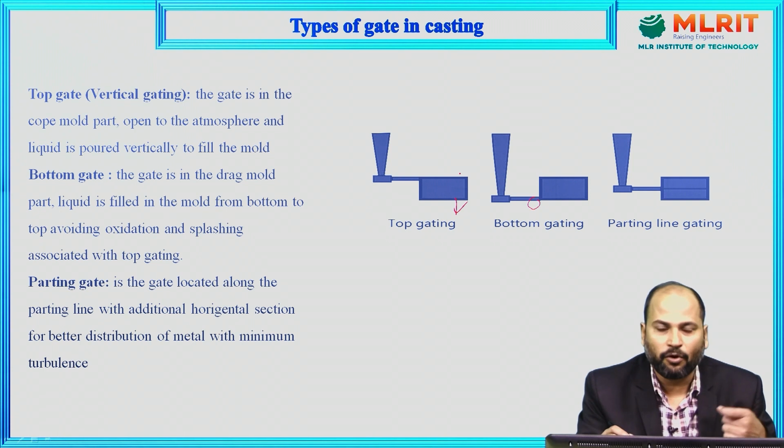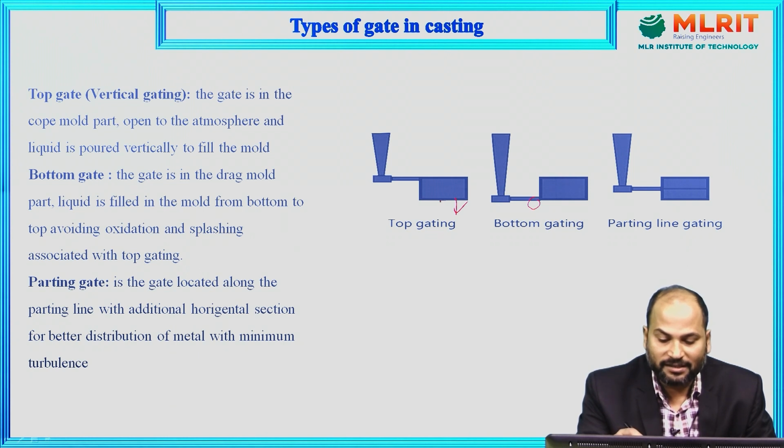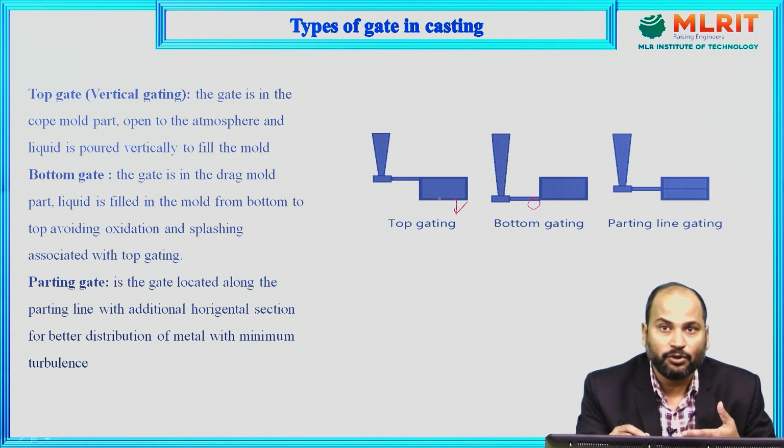Once it falls through a distance, it will have kinetic energy. With this kinetic energy, it will strike the bottom of the mold cavity, so the chance is very high that it will exert a high amount of force there. Because of that, erosion may happen. Another thing is that turbulence is also very difficult to eradicate in this case.